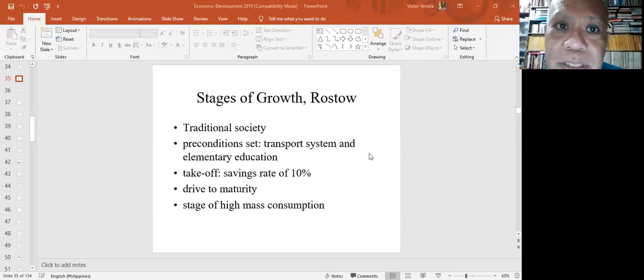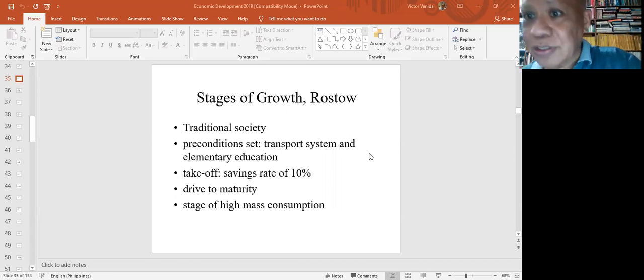The stages of growth theories, the original one of which was developed by Walt Whitman Rostow in the late 1950s. His original article identified three stages, but several stages have been added by other authors, so that when it now comes to Todaro's summary, Todaro extends the stages of growth to include two more, so there are five general stages of growth.